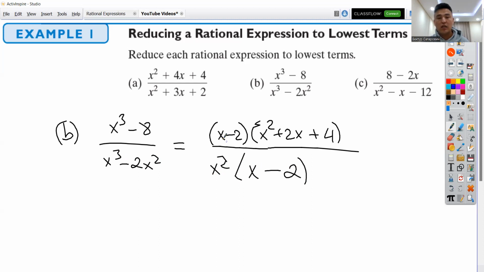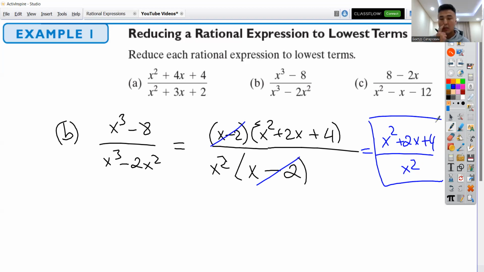As you can see, I have no plus or minus sign in between, that's why I can cancel these like expressions. What's my final answer? My final answer would be x squared plus 2x plus 4 over x squared. This is my final answer.